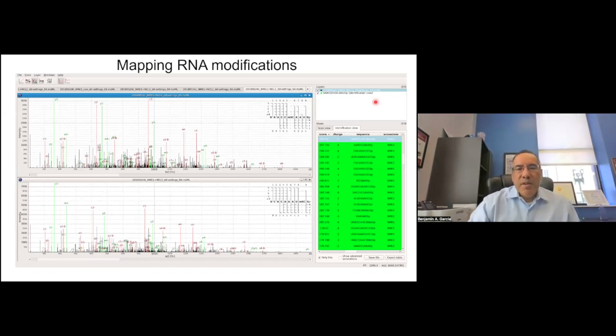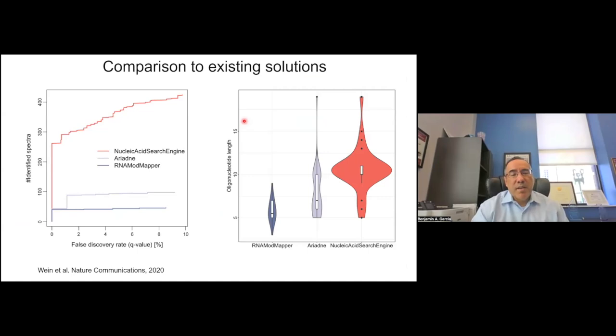And with this software, it works pretty well. We're able to sequence RNA, identify modifications, and map these to specific RNA sequences. At least in our hands, we found that our program allowed for identification of more RNA spectra, as well as allowed us to identify longer species.